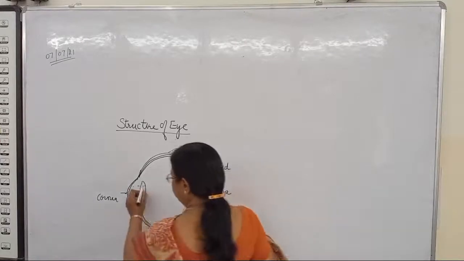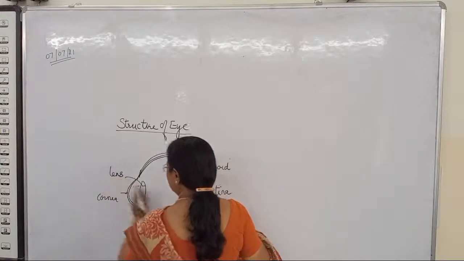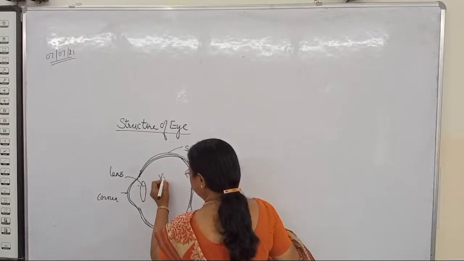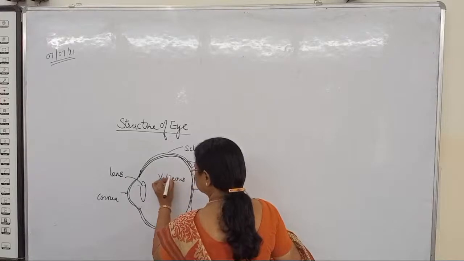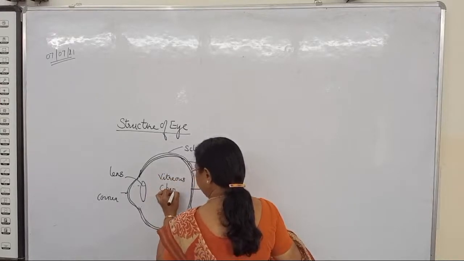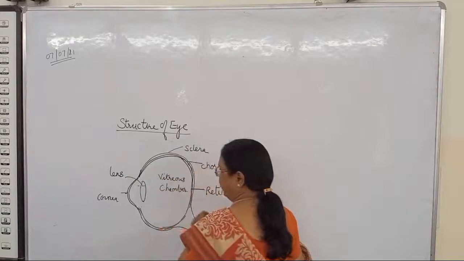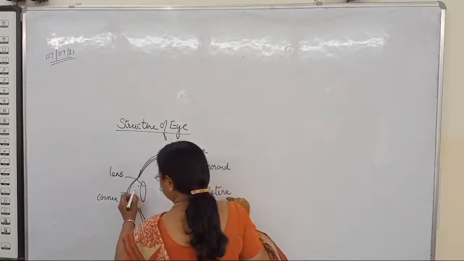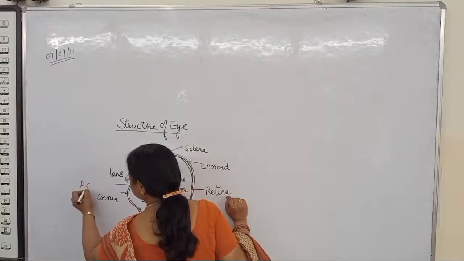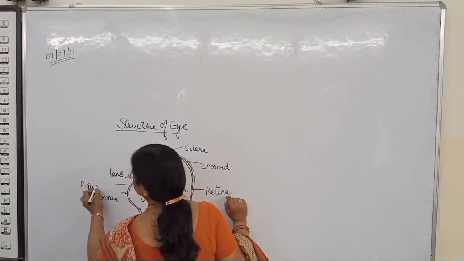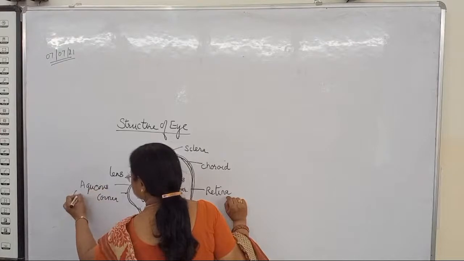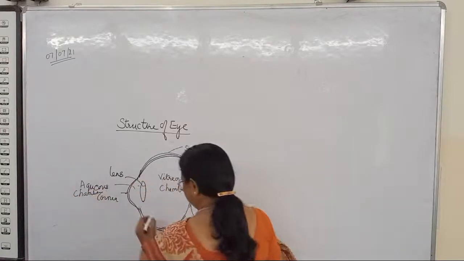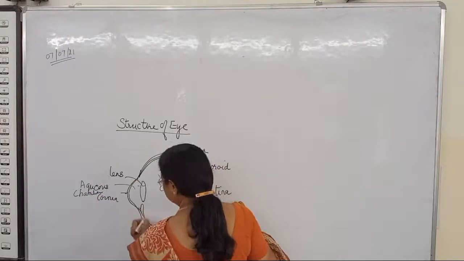Then you have a lens. The chamber between the lens and this region is the vitreous chamber, filled with a viscous fluid, and the chamber between the cornea and the lens is the aqueous chamber. Here you have the ciliary body.